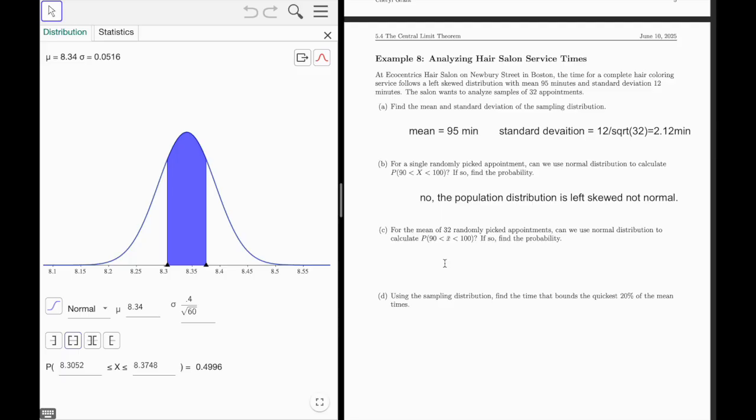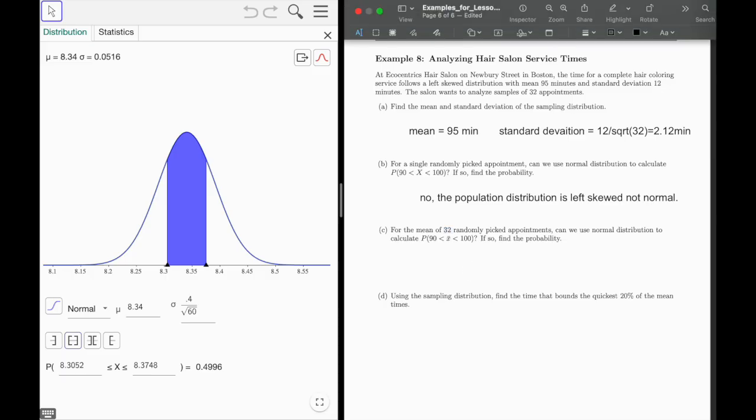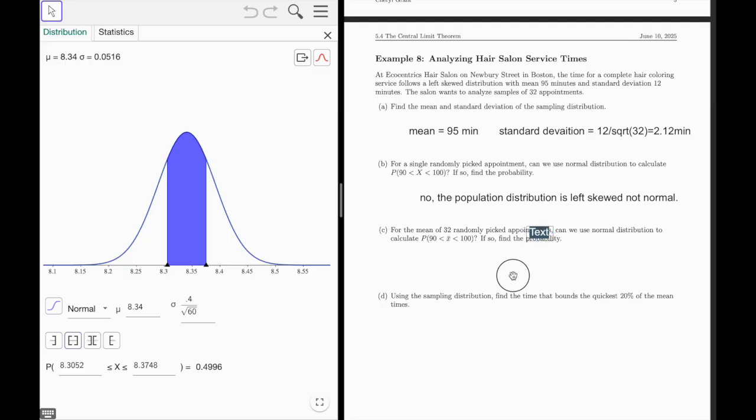They're the same size samples over and over again. 32 is the sample size, and the sample size is big enough. It's over 30. We're talking about 32 for our sample size here. So we can use the central limit theorem and the normal distribution. So I'm going to put here, yes, the conditions are met for the central limit theorem.